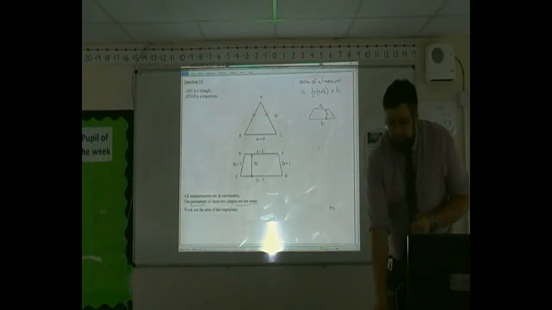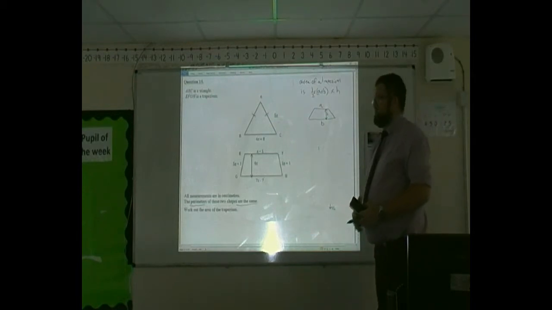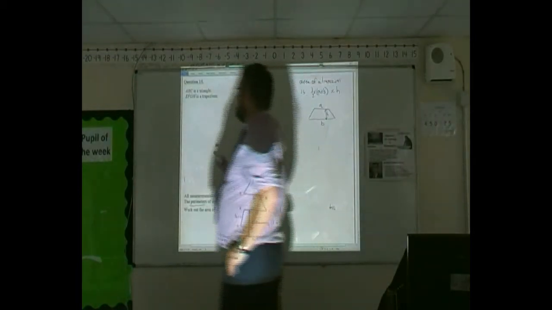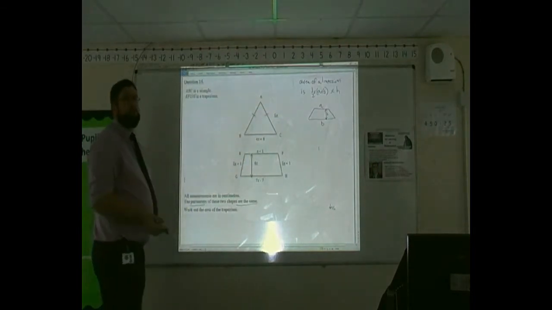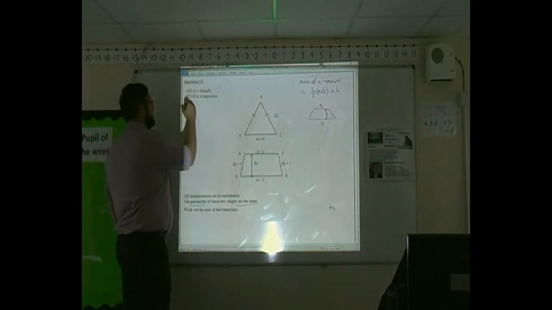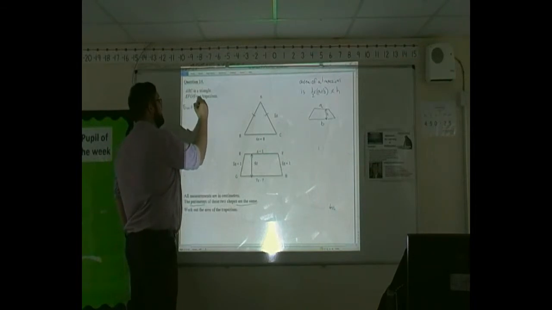Okay, first of all, we're going to set up two equations. Now, using the fact we can see that these two sides are equal, that's what those two lines indicate, I've got 5x plus 5x plus 4x plus 8 is the perimeter for this triangle.